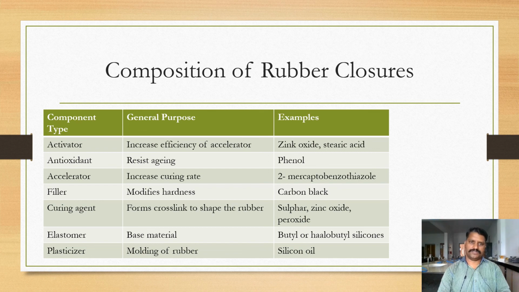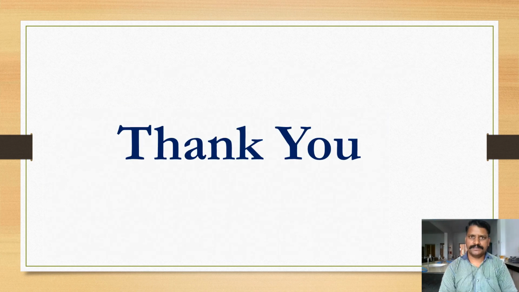Elastomers: the general purpose is as a base material, and examples are butyl and halobutyl silicones. The last component type is the plasticizer, for molding of rubber, and the example is silicone oil. So these are the basic components of a rubber closure with their general purpose and some examples. Thank you very much.